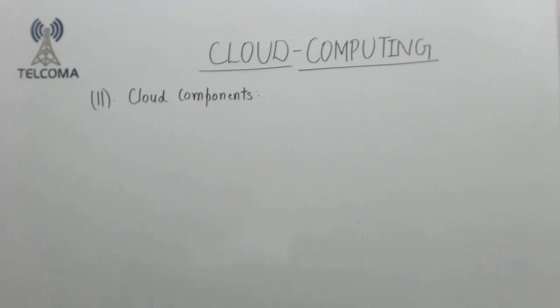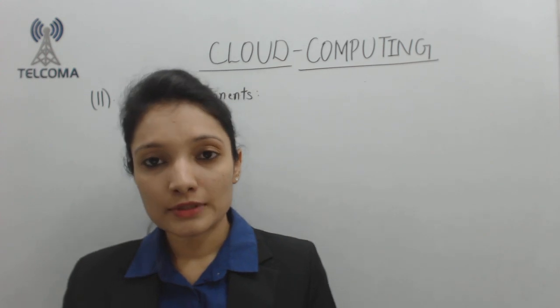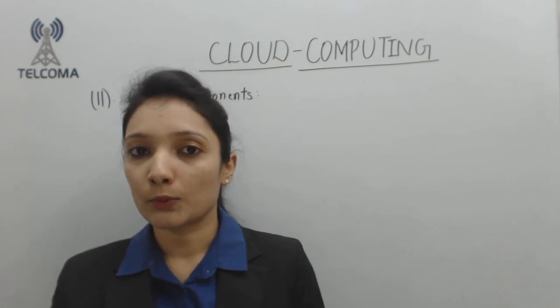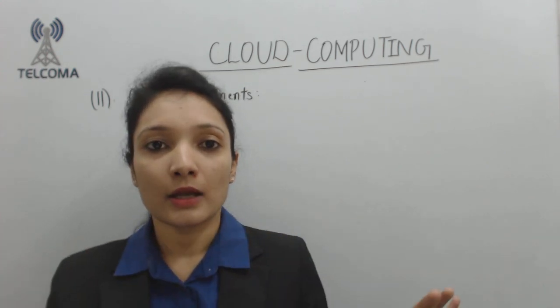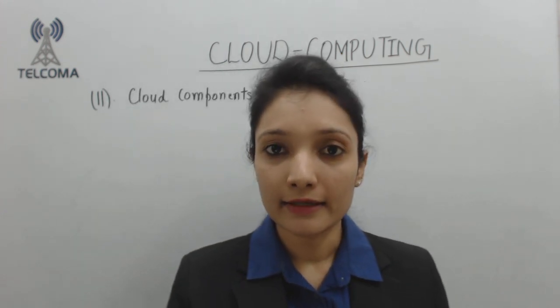Cloud has basically three important components, which are the client computers, the data centers, and the distributed services. And all the services provided with these components are provided over the internet.